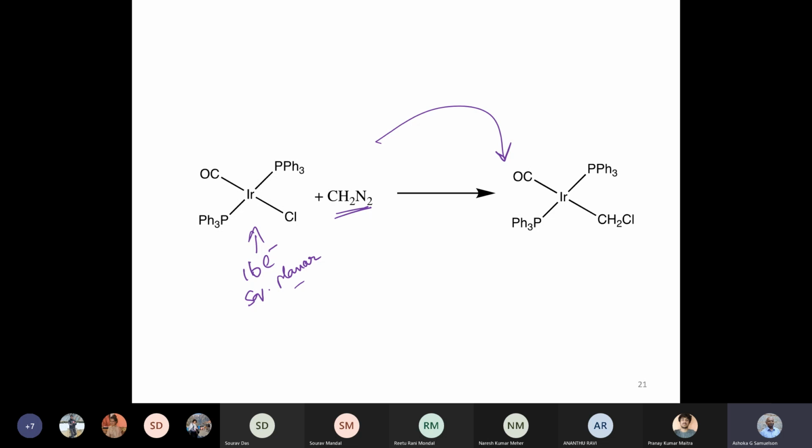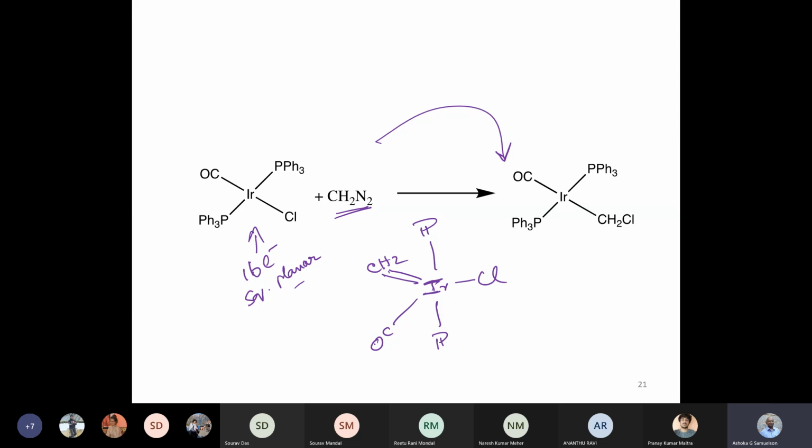Here, of course, the moment it is coordinated to CH2, you have an option for the chloride to migrate either to CO or to CH2. Here, of course, you need to make a choice. So what I'm referring to is the intermediate. To save time, I'm writing it with this PPh3, which is abbreviated.